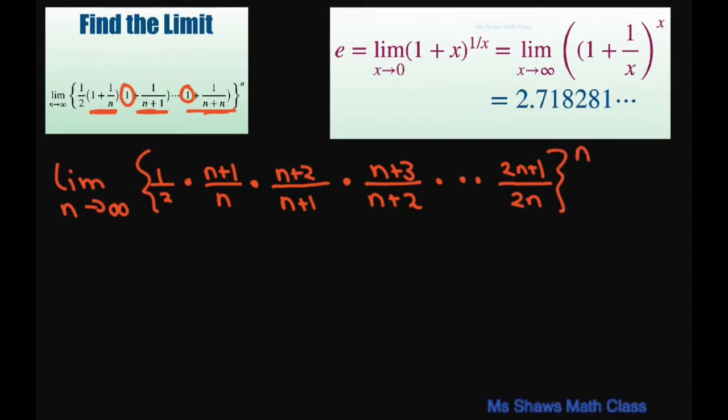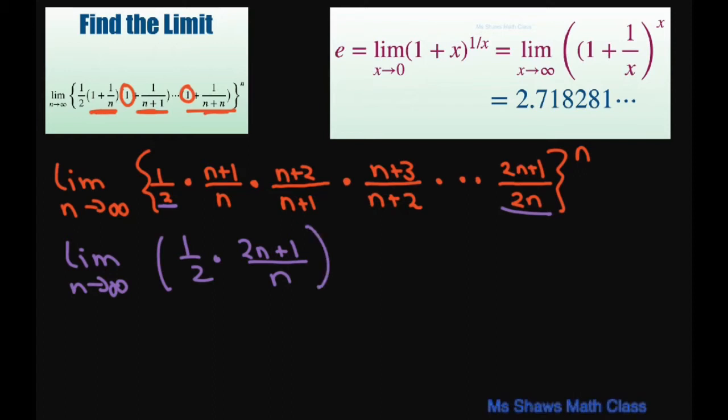This can be simplified to the limit as n approaches infinity of 1/2 times the last one. And this is going to be (2n+1)/n to the power of n.